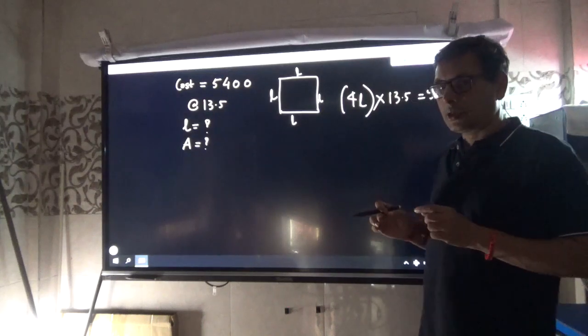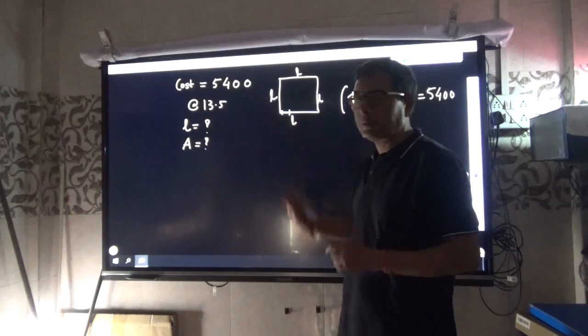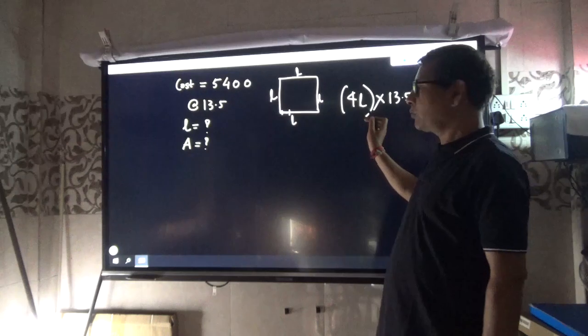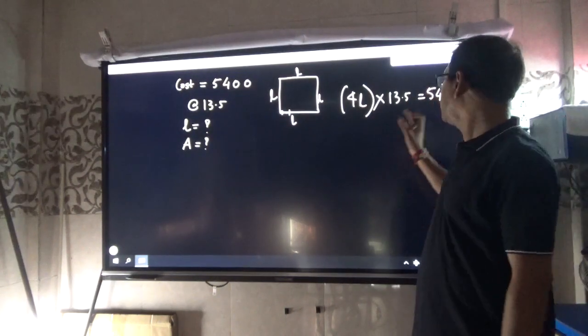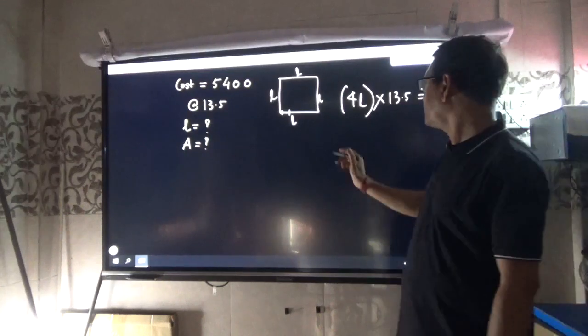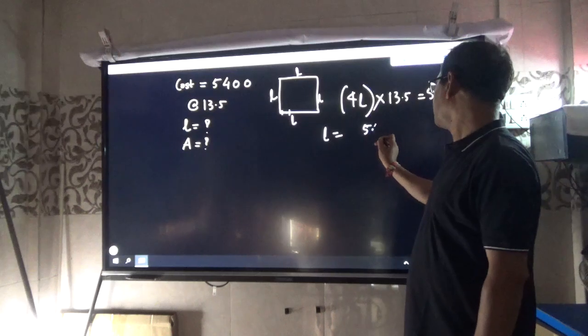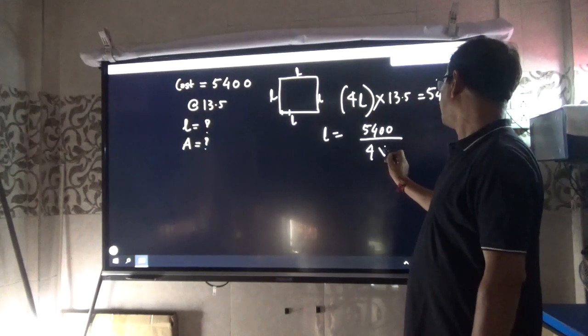For each meter I am spending 13.5 rupees. The entire length is 4L. 4L into 13.5 equals the total amount spent. So what is the value of L? L equals 5400 divided by 4 by 13.5. This is a very easy question.